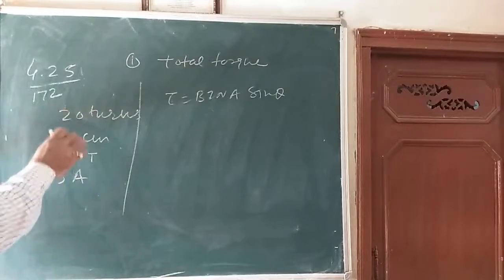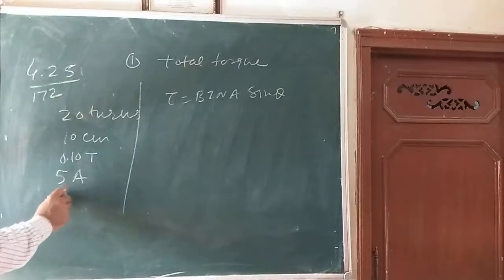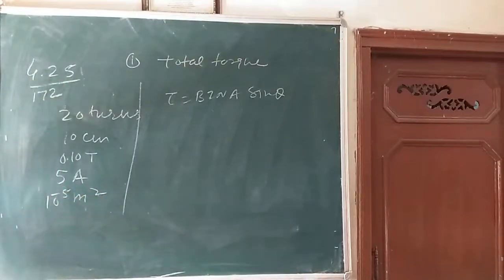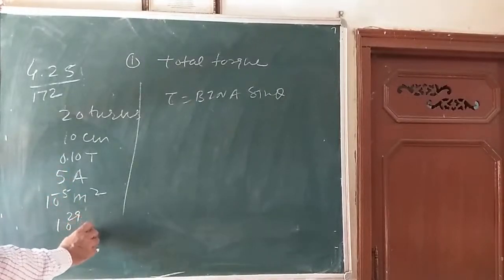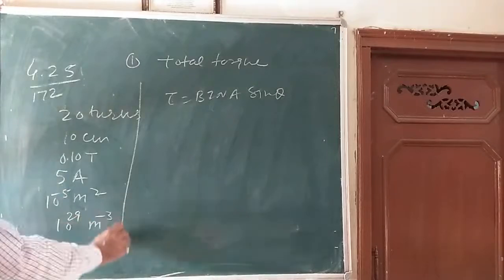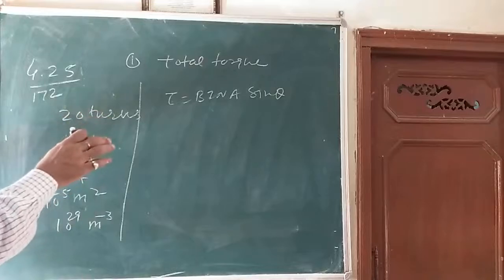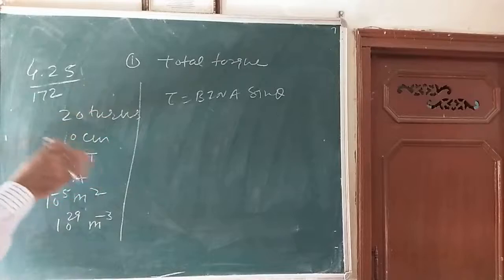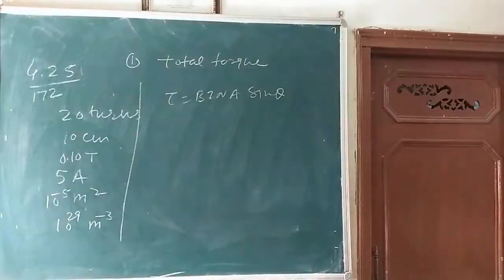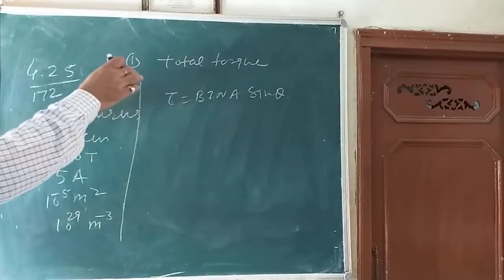The coil is made up of copper wire and the cross sectional area is 10 to the power minus 5 meter square, and the free electron density in copper is given as 10 to the power 29 per meter cube. So here what is given to us? It is given that the magnetic field is normal to the plane of the coil. A magnetic field is normal to the plane of the coil. So here I can say the angle is 90 degree.